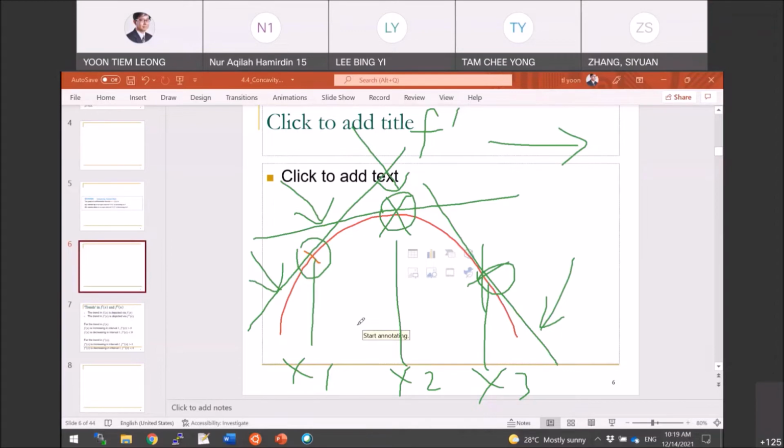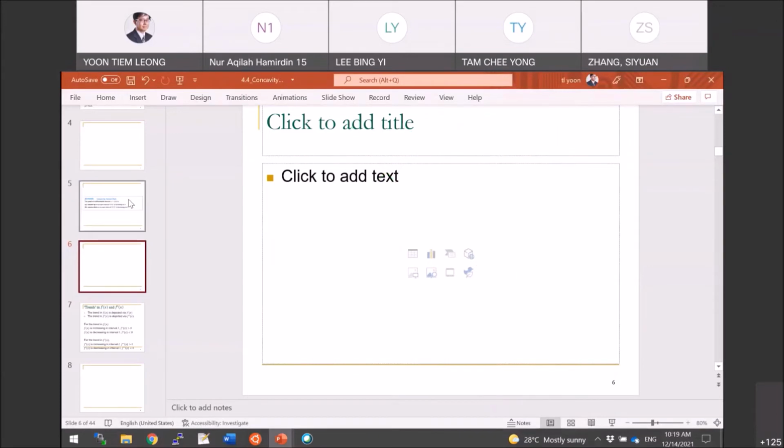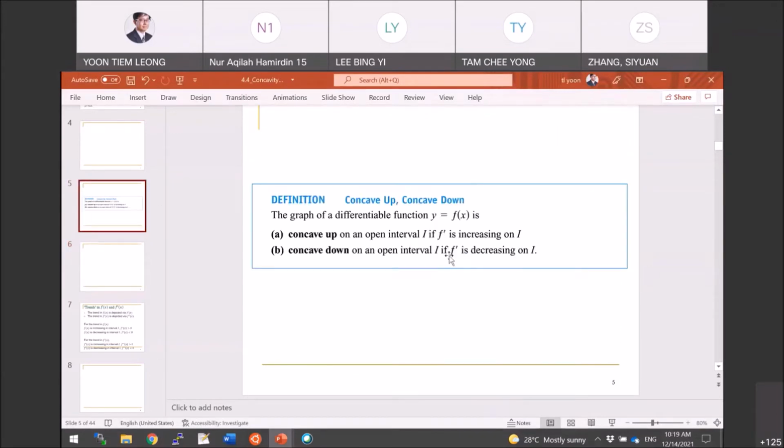This is a situation where the derivative is decreasing, and it represents a graph which has a negative concavity. So negative concavity is necessarily associated with a graph where the derivative is decreasing.